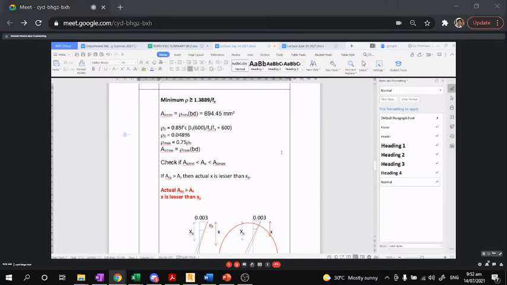That is your max. Then times 0.75, that is 0.036 times BD, 1,000 times 125, you will have As max.